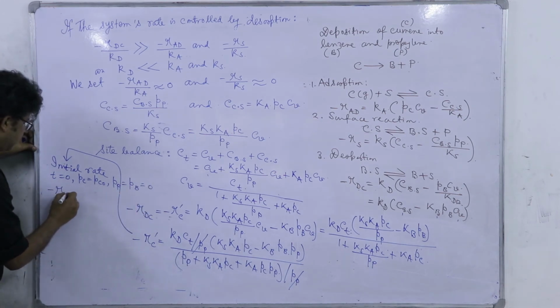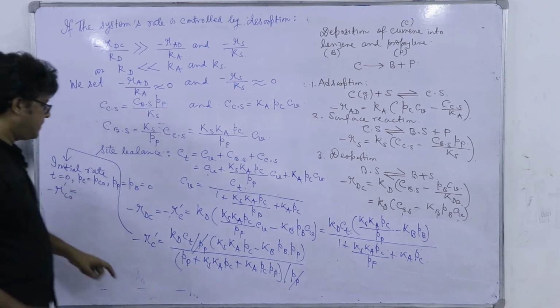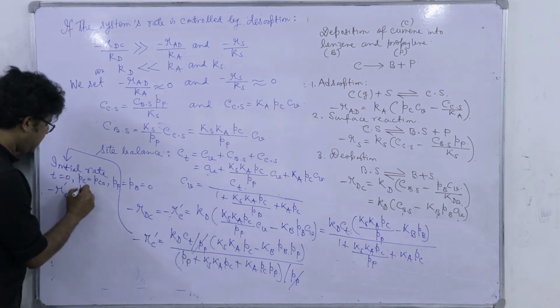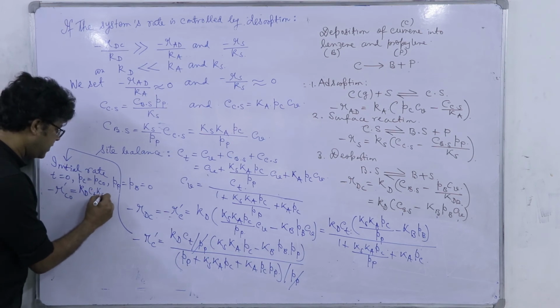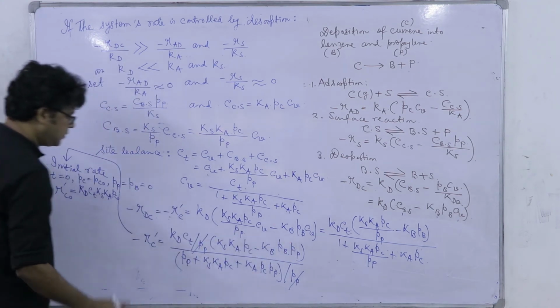So, minus of R_C prime 0 is equal to, see, Kd, here it is Kd Ct Ks Ka Pc naught, because this Pp and Pb are 0.